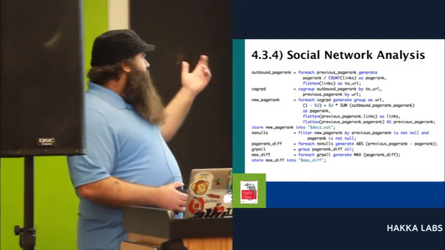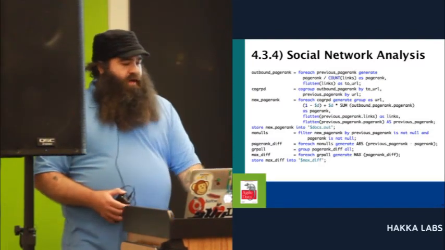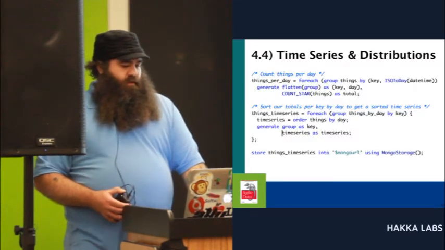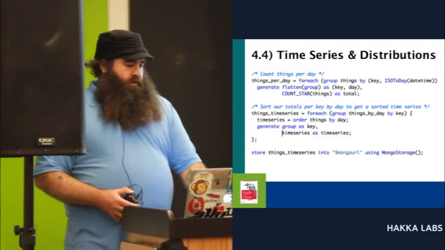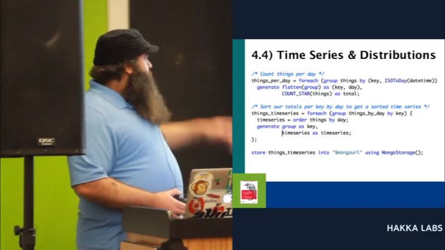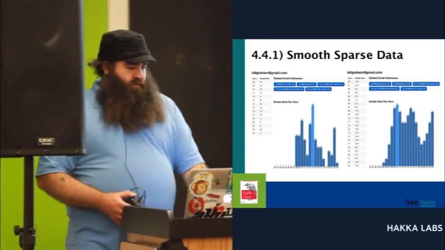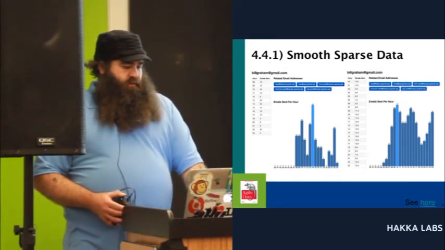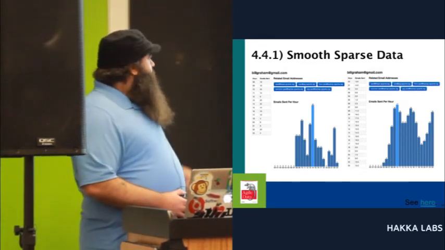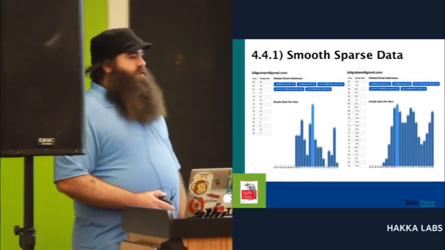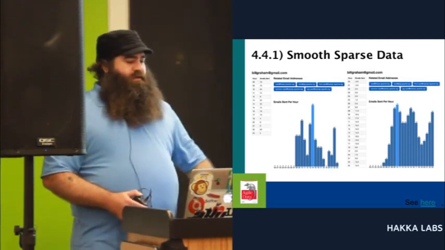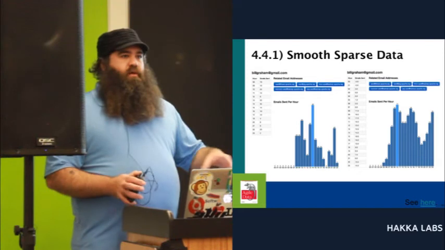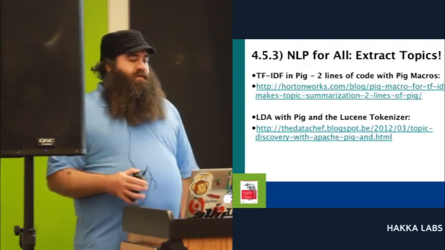So this is PageRank in Pig, so you can do social network analysis. I think we've already shown time series. You can smooth sparse data, regress to find trends. There's a macro I did for TF-IDF, term frequency, inverse document frequency. So it's like a one-liner to call that process to work on documents at scale.